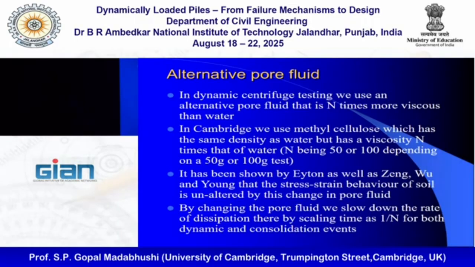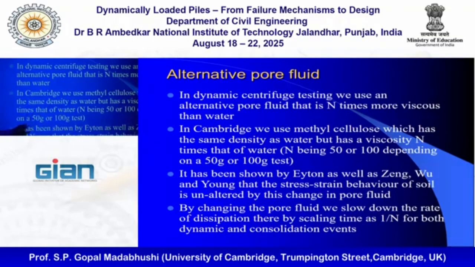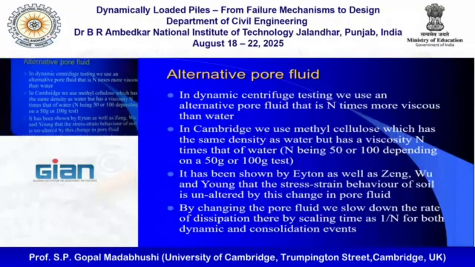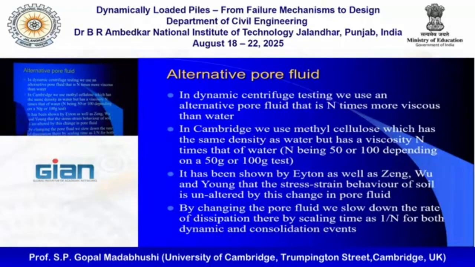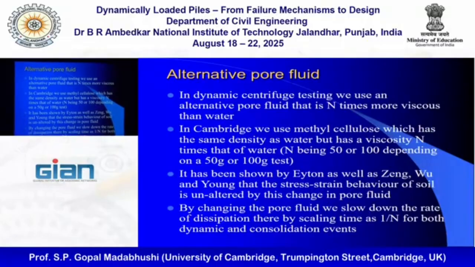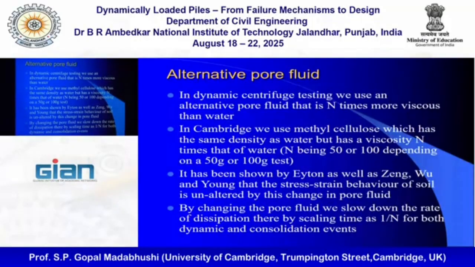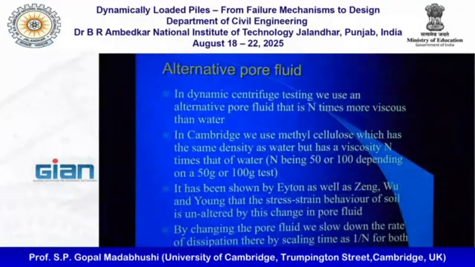It's edible, so it's non-toxic, and we can adjust the viscosity of the fluid by adding more or less powder, and we can get anywhere between 50 to 100 easily. So we will use fluid that is 50 times more viscous, 50 centistokes or 100 centistokes, by mixing it with this methyl cellulose powder.